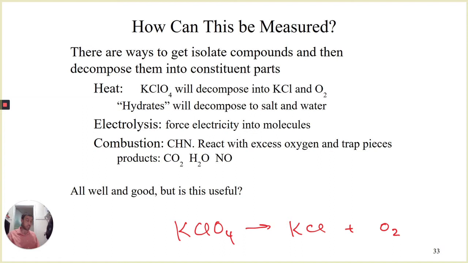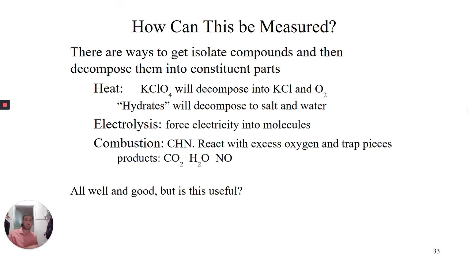Okay, and so that's kind of the neat thing, is that we just have to get a little bit more selective in the reactions we look at. We can look at electrolysis to force reactions. We can also do careful design of combustion reactions, which is neat.